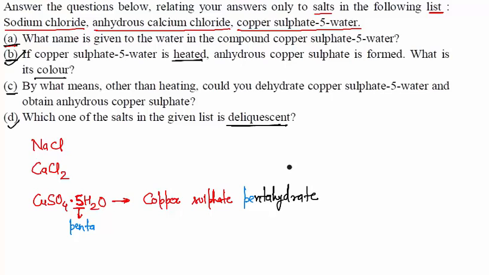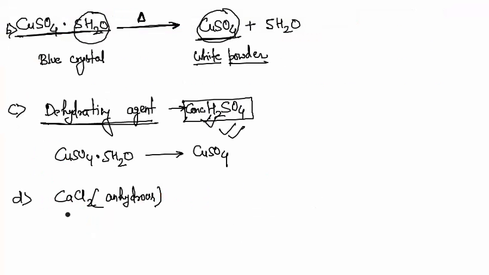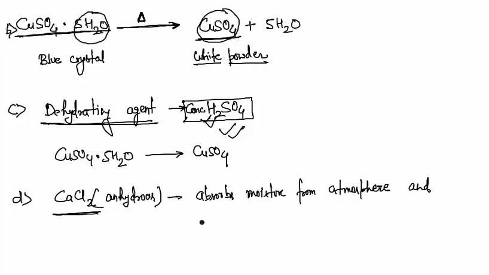Deliquescent substances are those which absorb moisture from the atmosphere and ultimately dissolve in it to form a saturated solution.